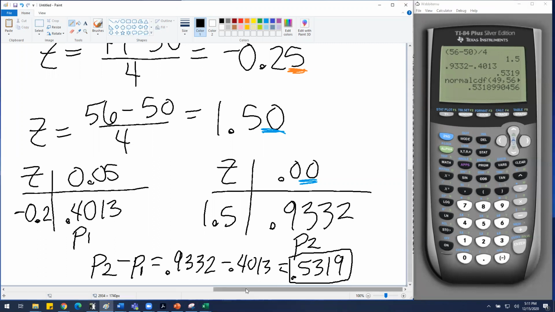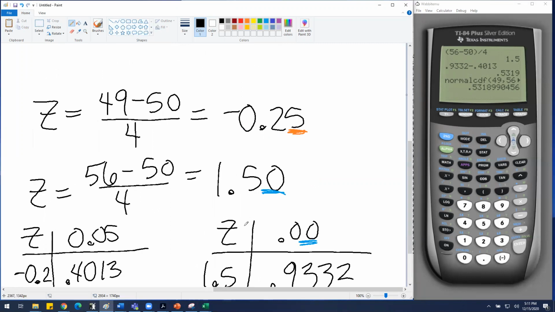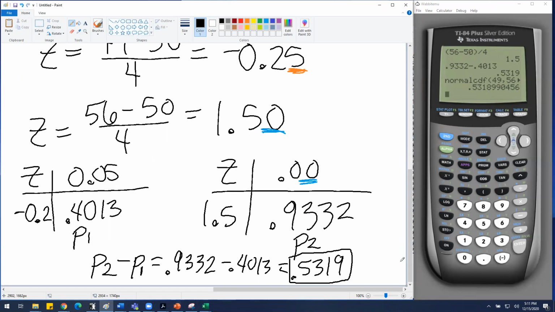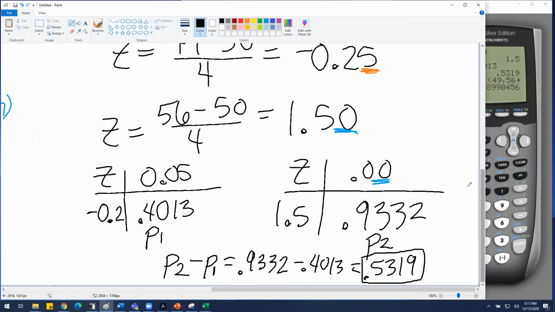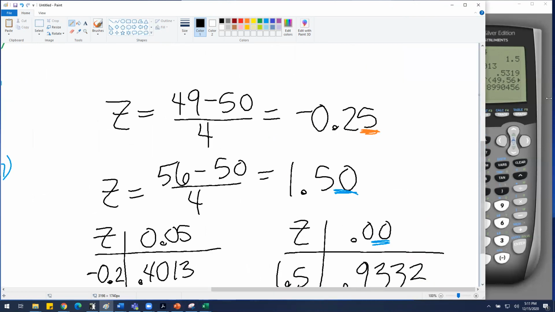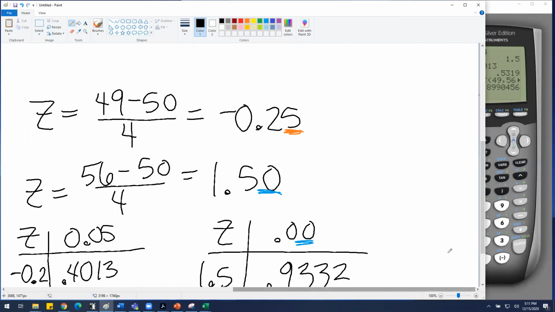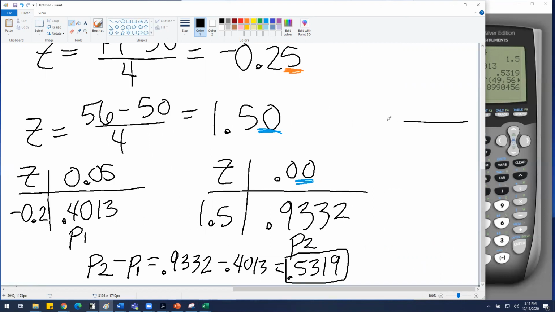If you need a visual, we can draw a normal curve as well. I forgot to do that. So here's our normal curve if you need a visual. 50 in the middle, 49, and 56.